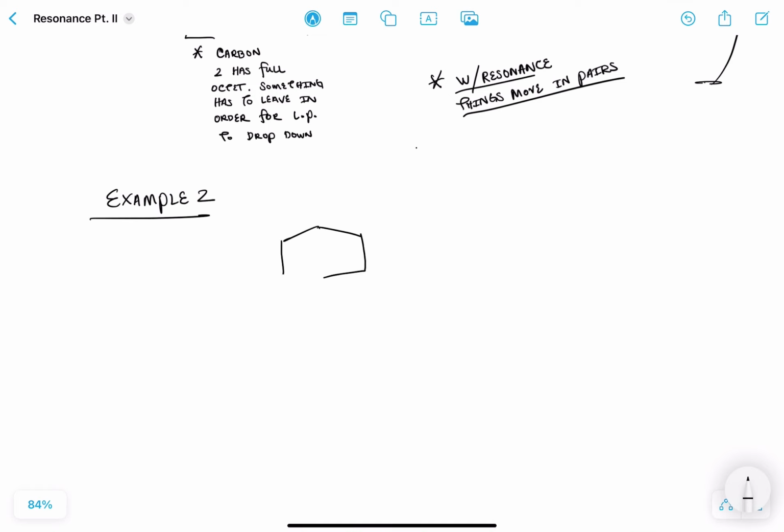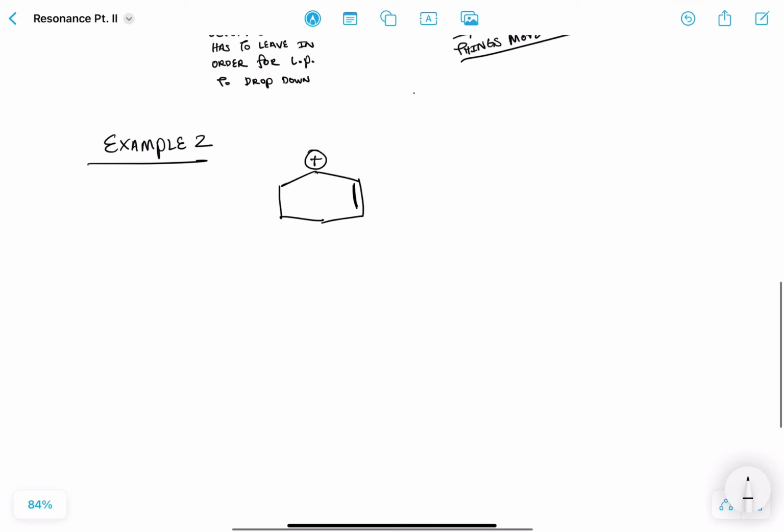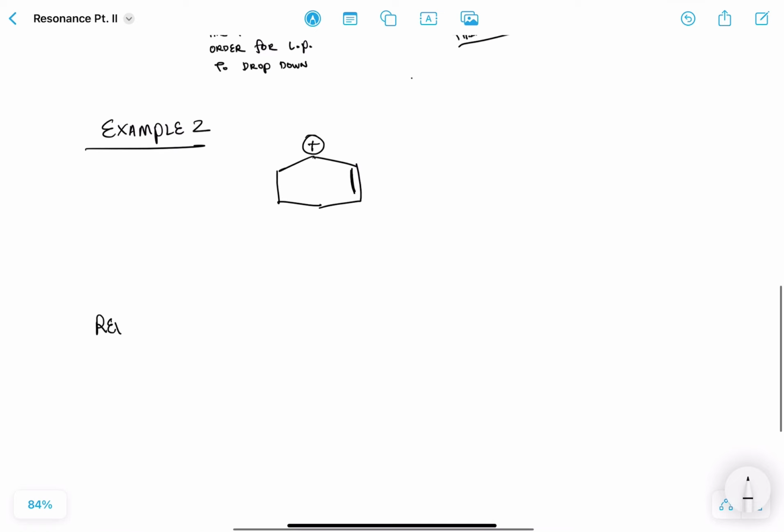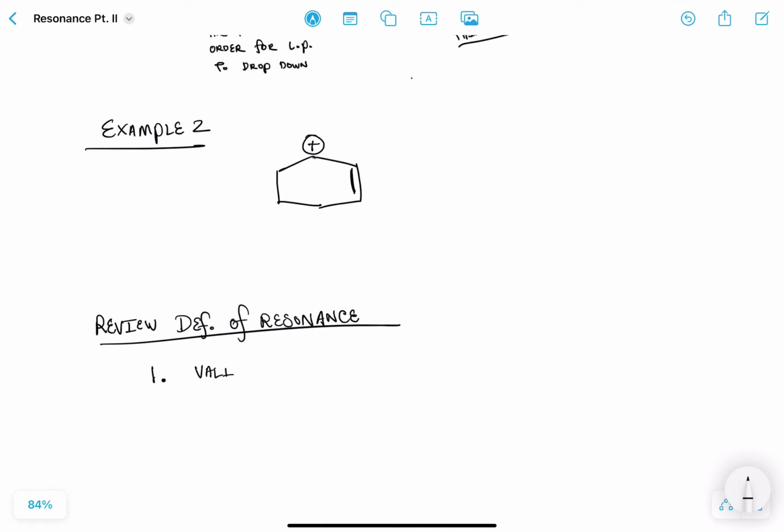And we will go ahead and give this as our example. Now, let's review the definition of resonance, or what things have to happen for us to have resonance. So we said three things. One, valid Lewis structures.